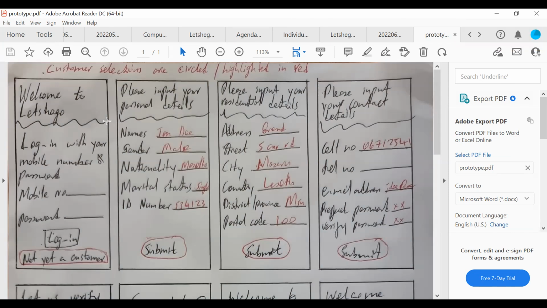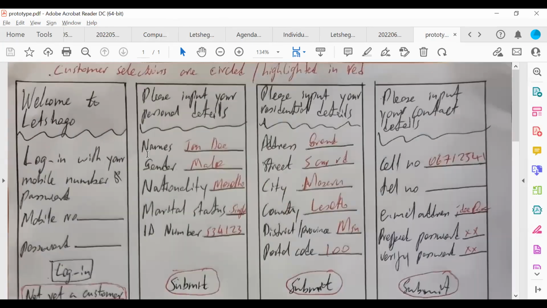Yes, we can. Thank you. So for purposes of my prototype, where the customer will input their fields I've written it in red, and then they go through various screens till they get the solution, right? So they first start by downloading the app. They get a welcome message to say, welcome to Letshego, log in with your mobile number and password.